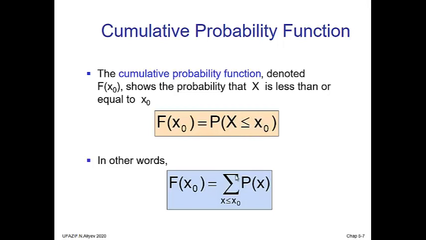Okay? Here is another notation: the sum over x less than or equal to x0 of p(x). We will return to this topic again, and you will understand in examples how to use this cumulative function.